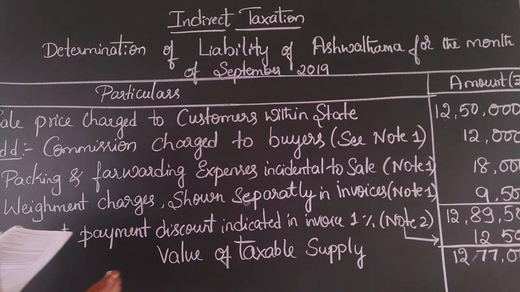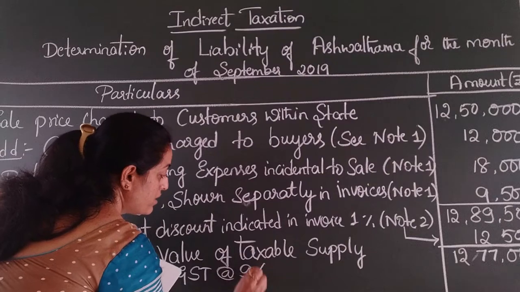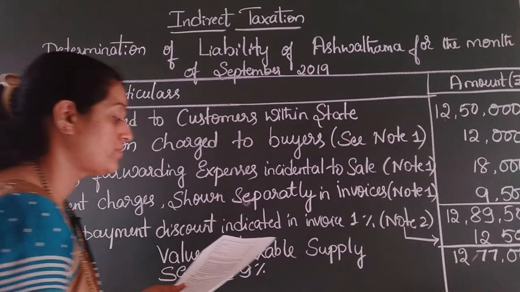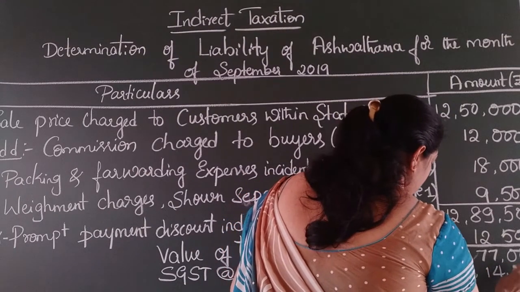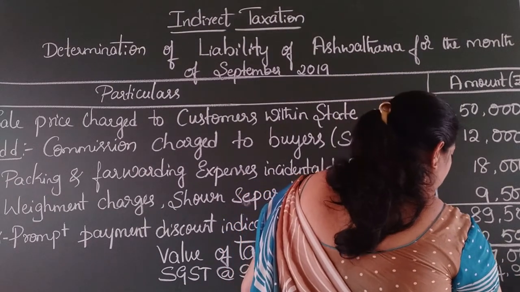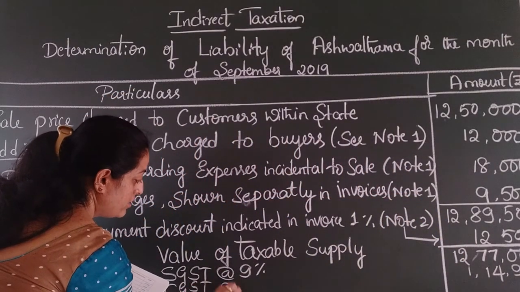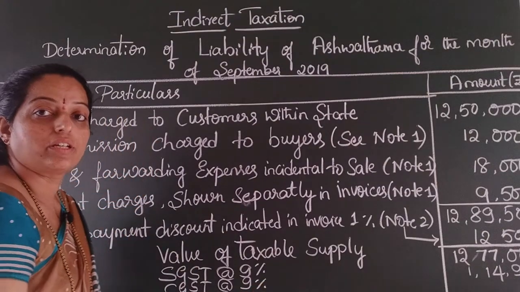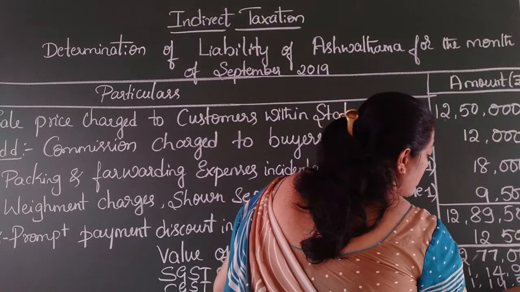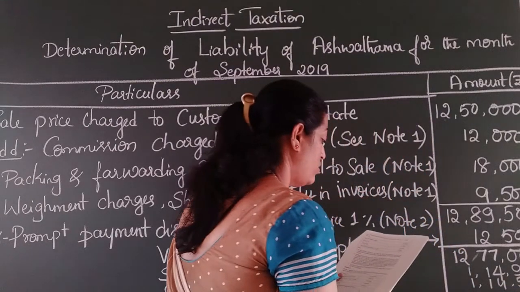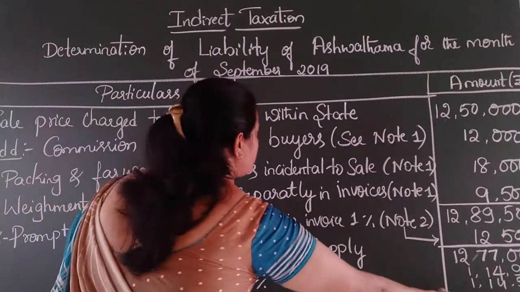So SGST at 9%. 9% of 12,77,000 is 1,14,930. Next, CGST at 9% is equal to 1,14,930.